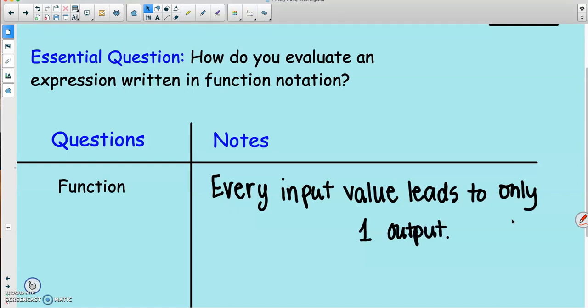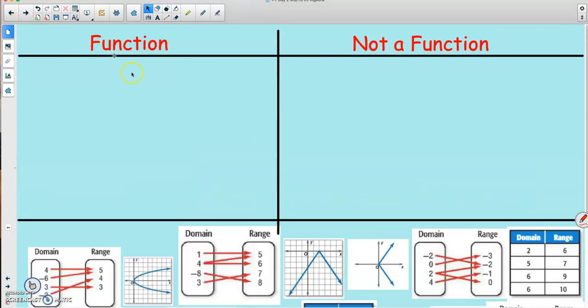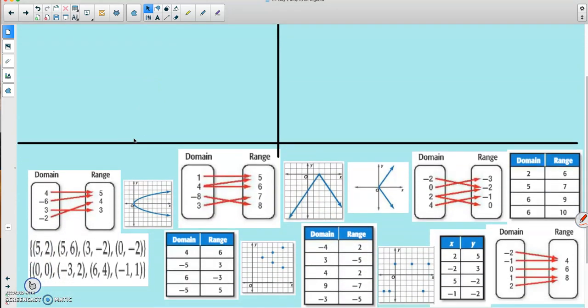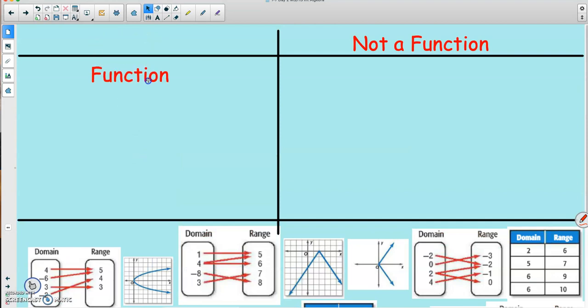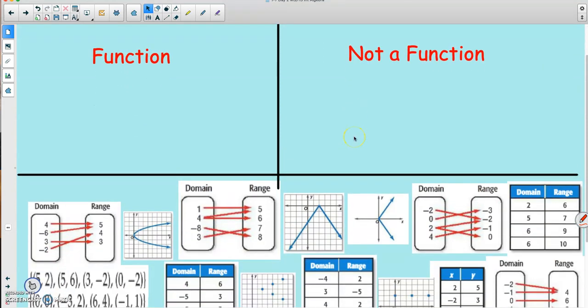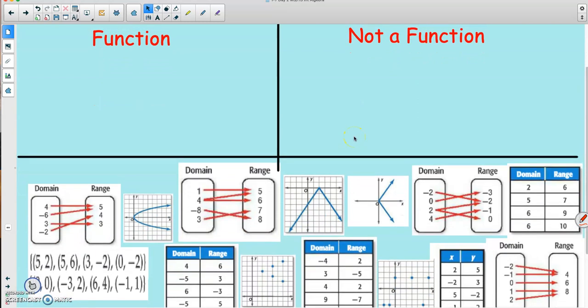So every input value for X leads to just one output value for Y. This is a click and drag, function, not a function. So you might want to use two colors if you're working from home and just highlight in one color for a function and then another color if it's not a function. I'll model that for you.